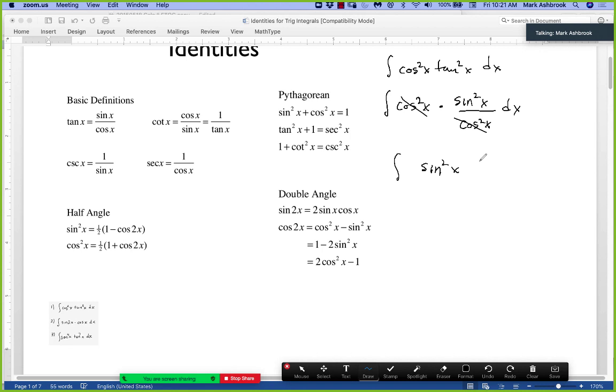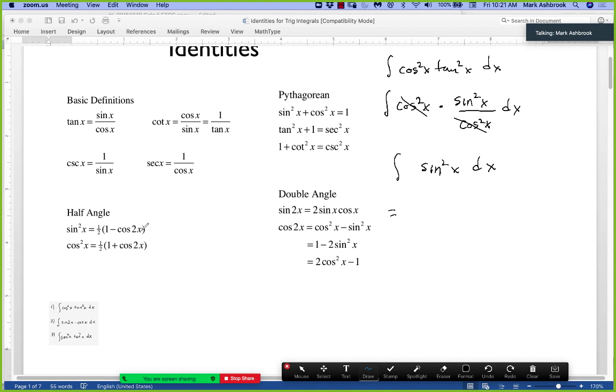And then how do we do just sine squared? Do you remember what I said? Half angle. So you just have to memorize this. You have to be on the lookout for it. Just sine squared, or you could have a coefficient on x or a coefficient out in front, but a solitary sine squared or a solitary cosine squared will always be the half angle formula.